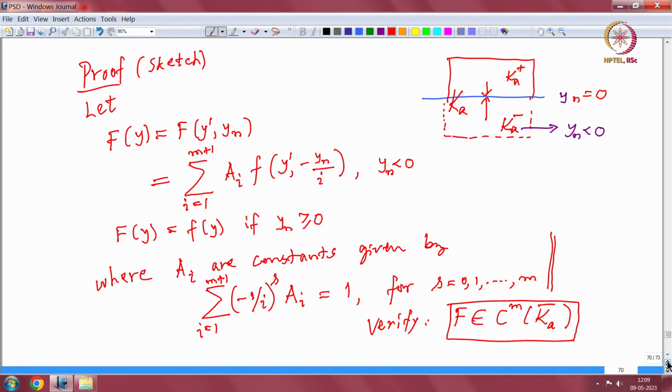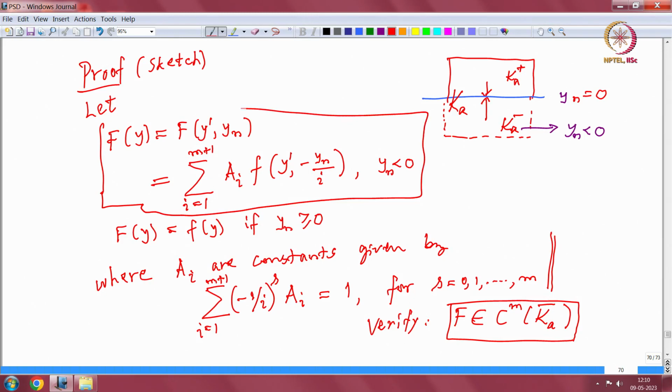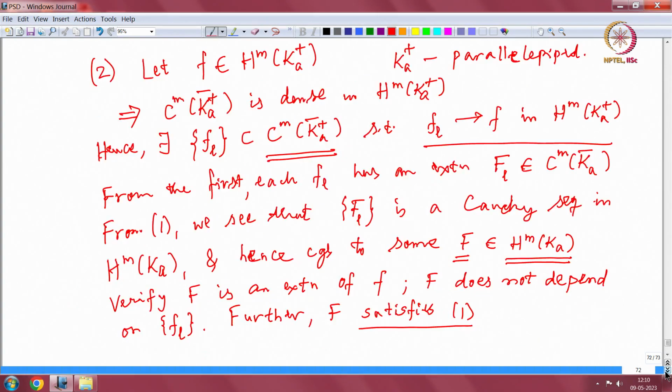Further, taking the limit again. Okay. So if you just see this relation, so taking limit, let me call it star, and make that comment that F has that expression. F satisfies 1 and has representation star, of course, almost everywhere.